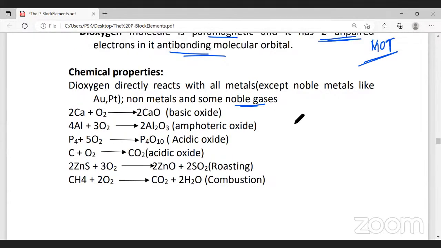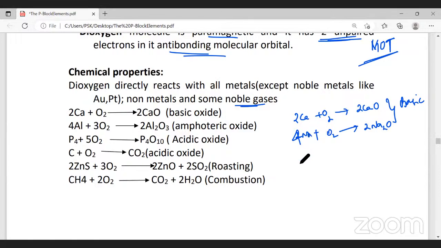Calcium reacts with oxygen to form calcium oxide. Likewise, sodium reacts with oxygen to form sodium oxide. Both are basic in nature. Calcium oxide in water gives calcium hydroxide, and sodium oxide in water gives sodium hydroxide. Therefore, they are basic.